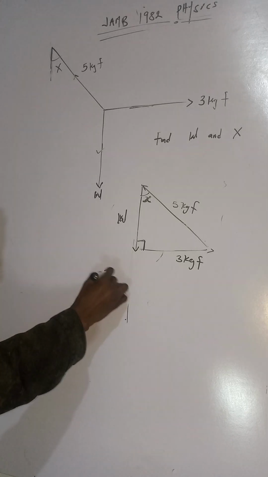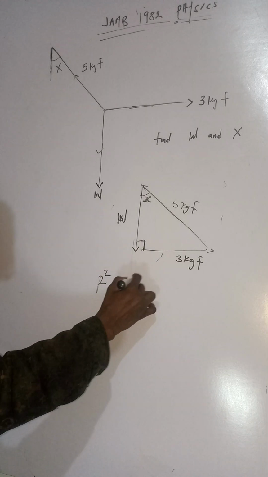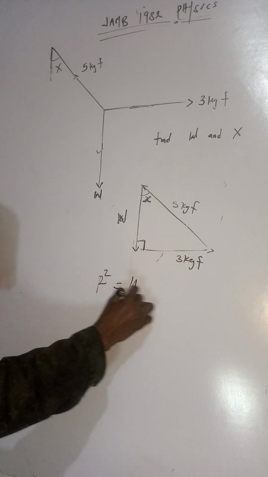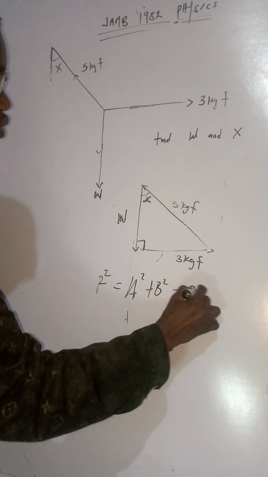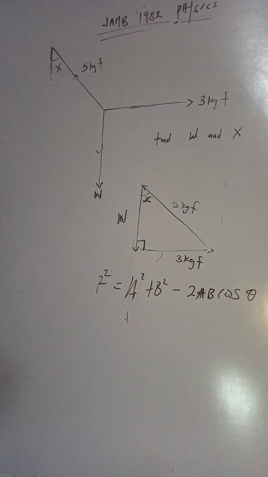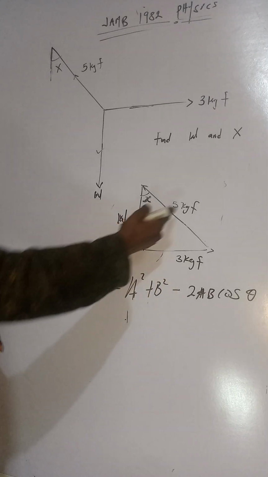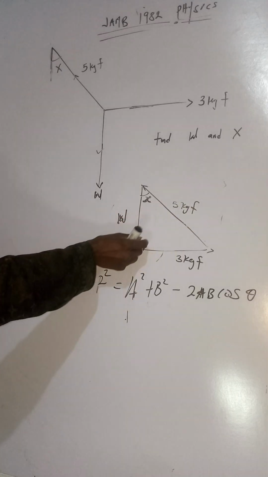We know that r squared is equal to a squared plus b squared minus 2ab cos theta. We are looking at the angle that this longest side is facing.